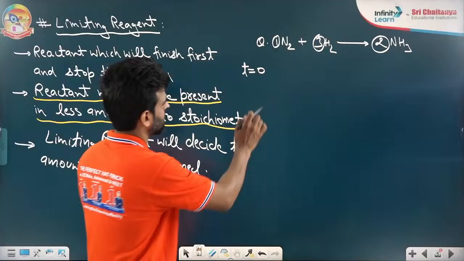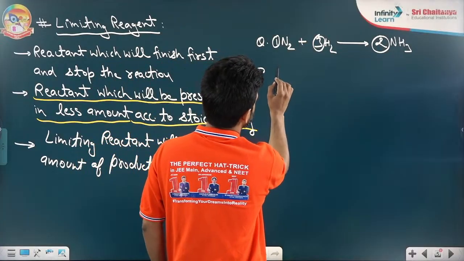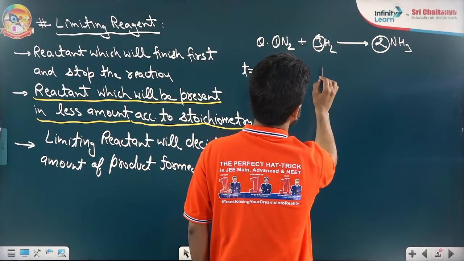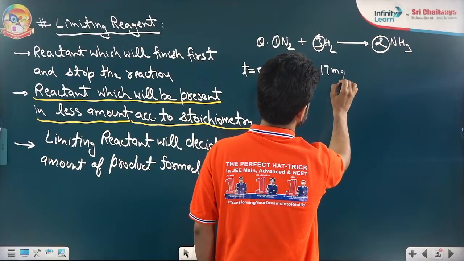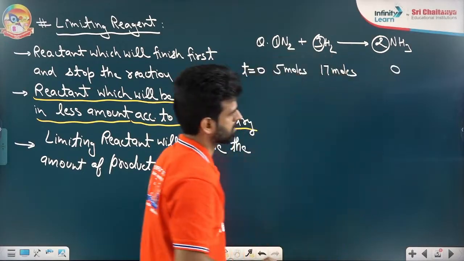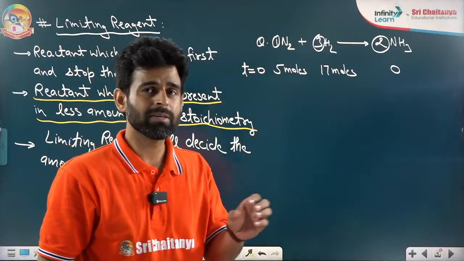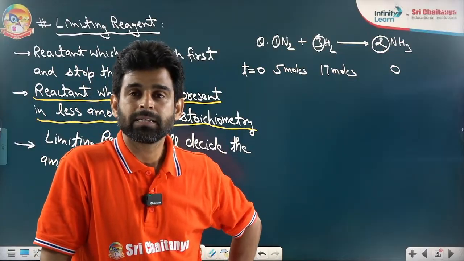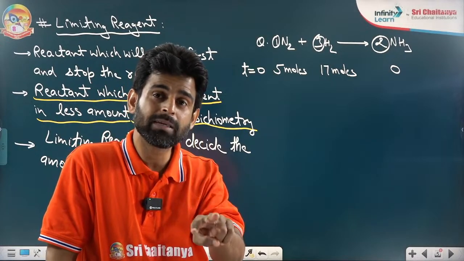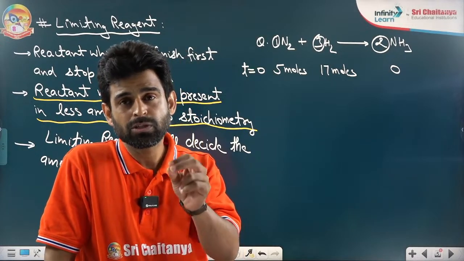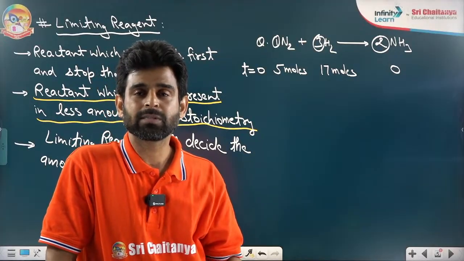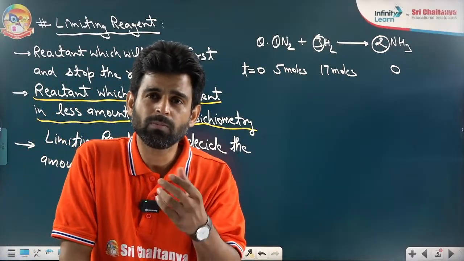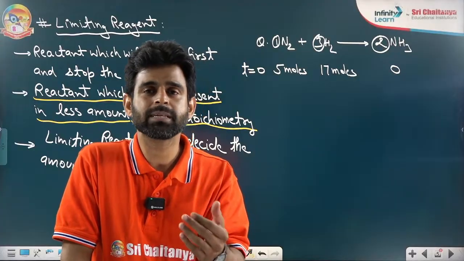So here, beta, imagine initially they gave me 5 moles of N2, 17 moles of H2 and 0 moles of ammonia. Now they gave me 2 reactants, with their initial amounts. So this question belongs to the limiting reactant, because they gave me two reactants, right?